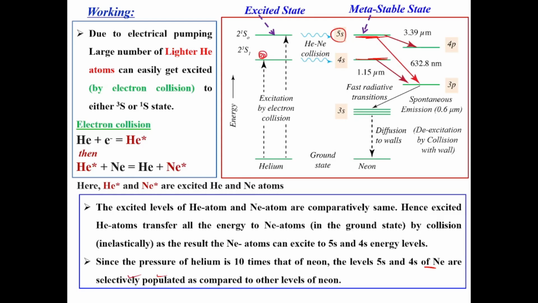So if helium is excited to these two levels, the energy will be transferred to the neon, and almost all neon atoms will be excited to this level and this level. These are the excited neon atoms.